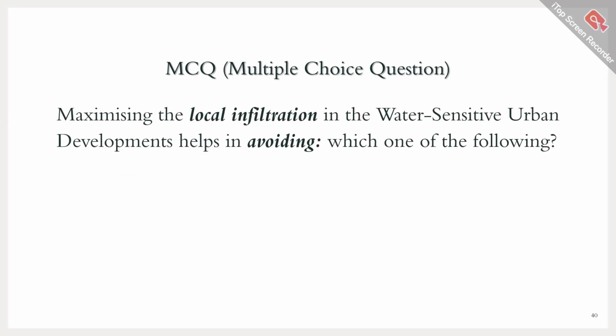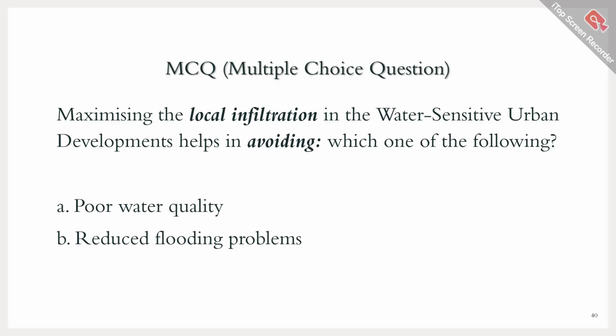Next MCQ is maximizing the local filtration in the water sensitive urban developments helps in avoiding which one of the following? Option A, poor water quality. Option B, reduced flooding problems. Option C, increased impervious areas.